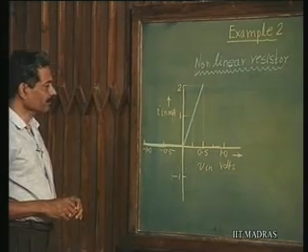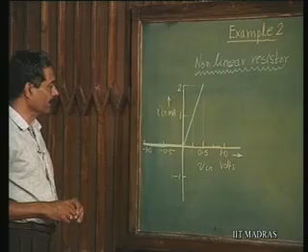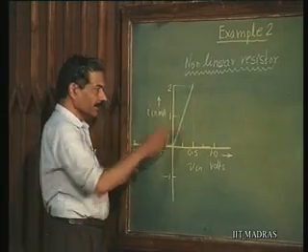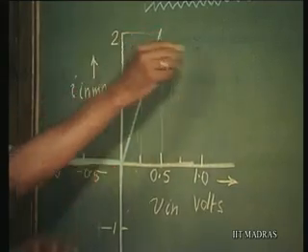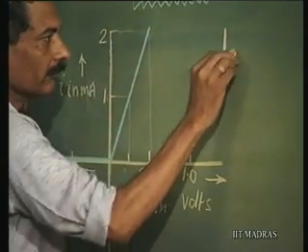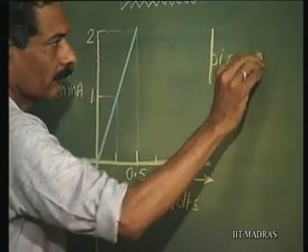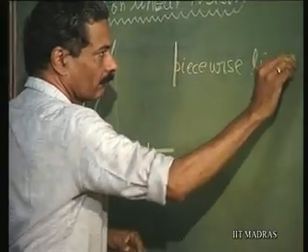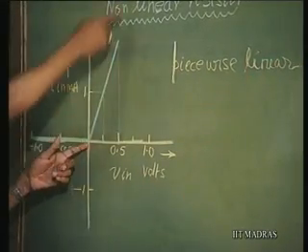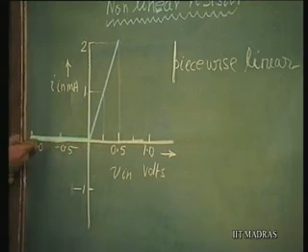That can be explained very simply in the following manner. There are two regions where it is piecewise linear. It is linear here, it is linear here.